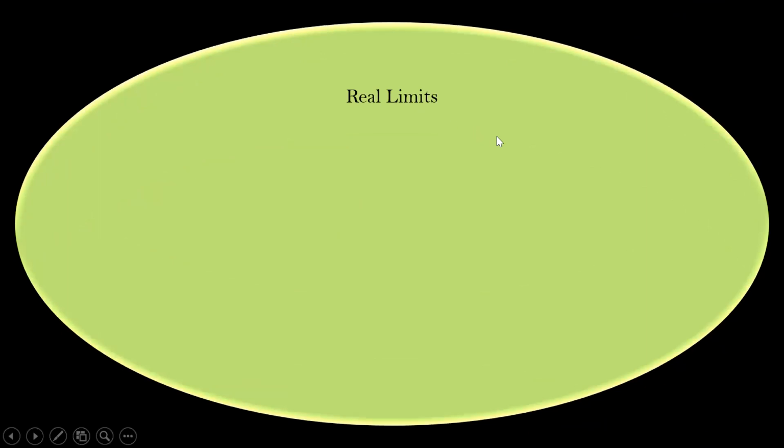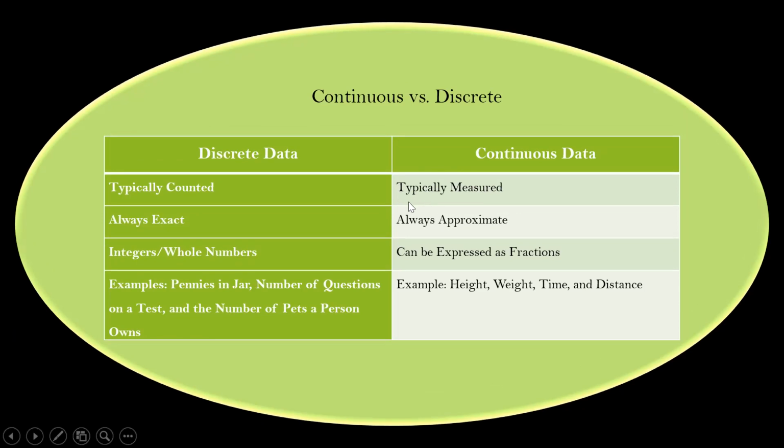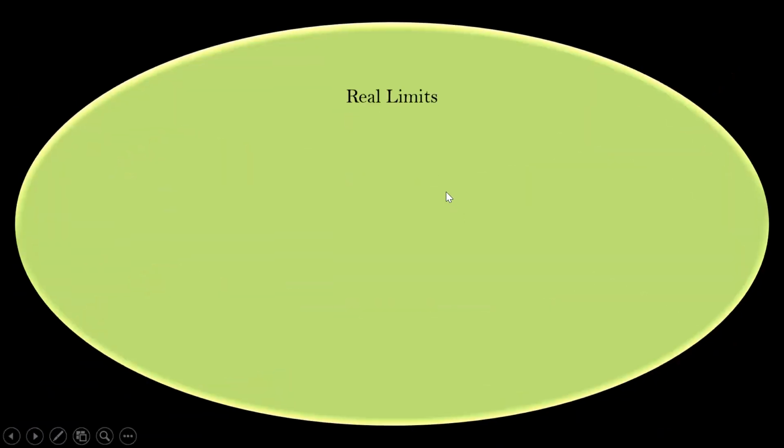If you have continuous data, remember, continuous data is always approximate. We can always be more precise if we have a more precise measuring device. So for that reason, sometimes real limits, upper and lower boundaries, or upper and lower limits are created. And we're not talking calculus here, we're talking about boundaries. Right?